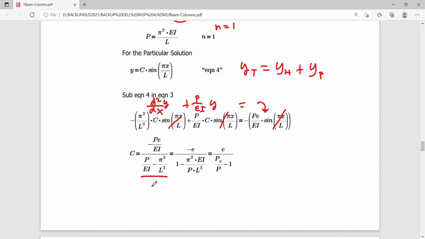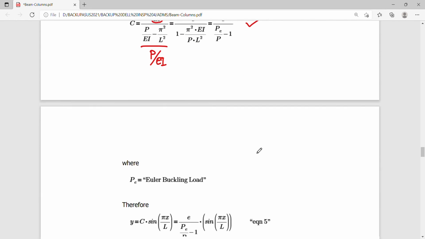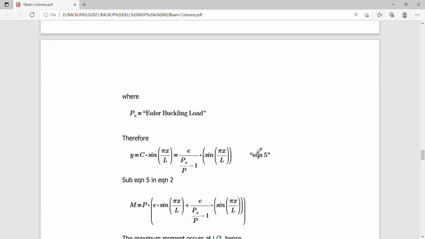So what remains is the negative. So I remove this. The negative E will remain there. And then if I divide this P over EI by P over EI, it's a positive 1. And then this divided by this is this one. Okay, so this is now my value for C. And substituting the value of C in my equation, this will be the form of the equation I want.